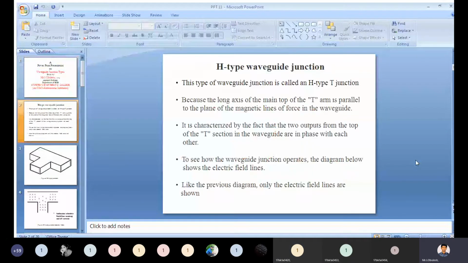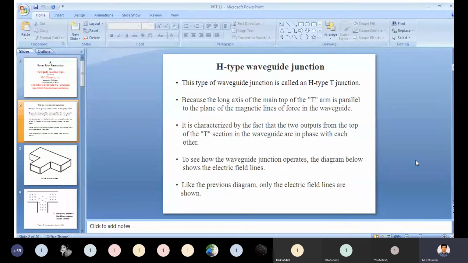Today we are going to discuss the H type waveguide junction in detail. The H type of waveguide junction is called an H type T junction. Why do we call this waveguide junction an H type T junction?